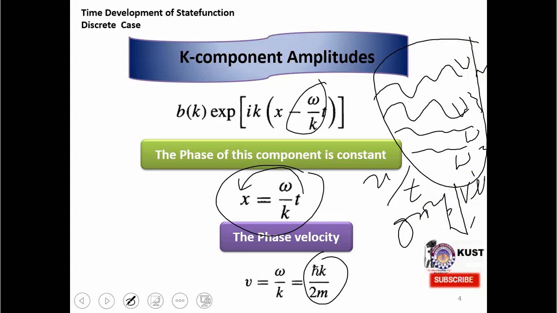So in this continuum case, although all these continuous wave functions exist, we will construct a wave packet out of them, so that the whole wave packet is moving just like a particle with some certain group velocity.